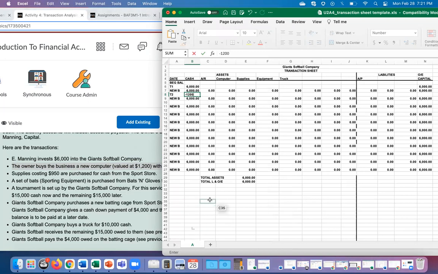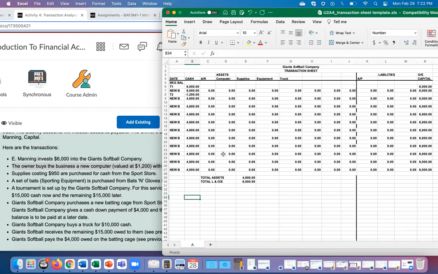And as I said, if I do this properly, when I click off of that cell, this column here should have the new calculation done. So there we go. It did it properly. It took 1,200 away from 6,000, which was the balance in the cash account when we started. And now it's down to $4,800.